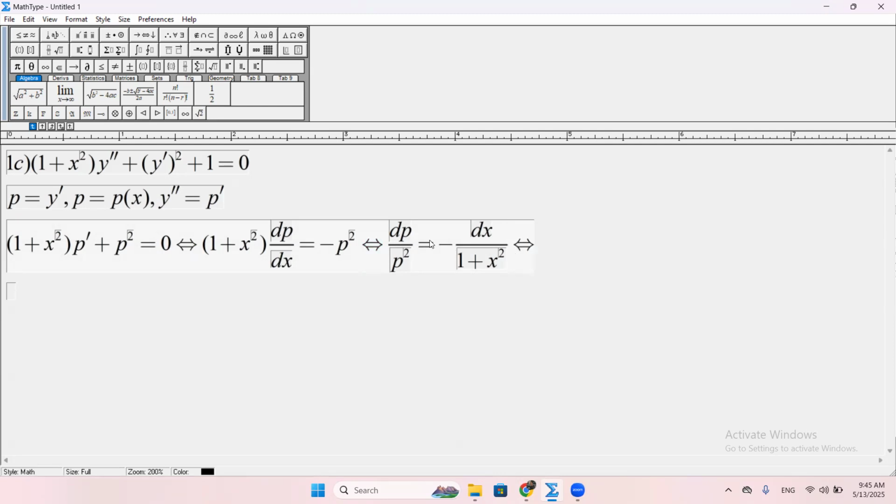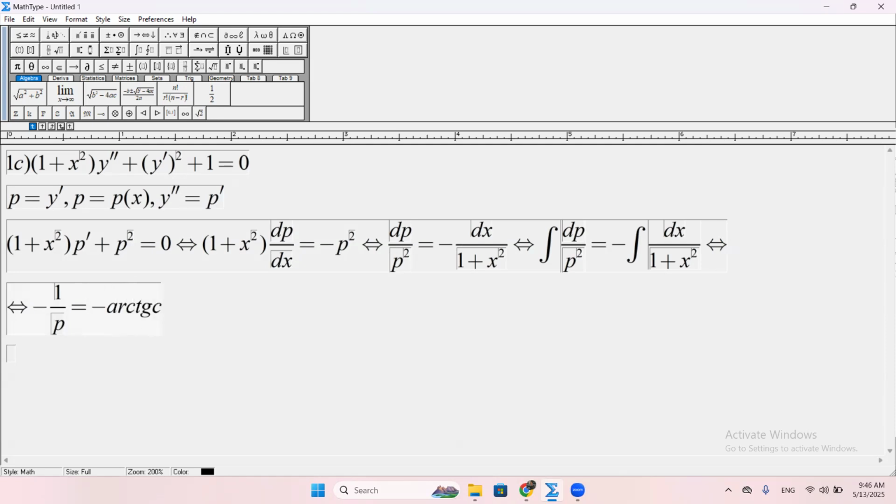So let's now integrate both parts. What do we receive? Minus 1 over p equals minus arctangent x plus c1.